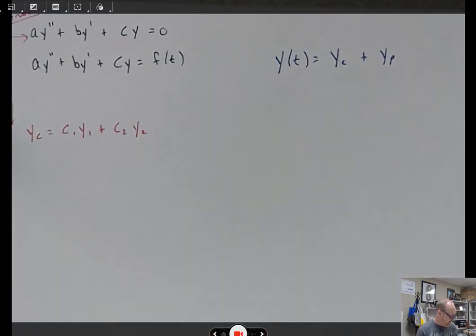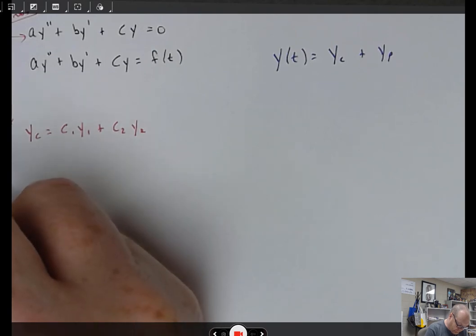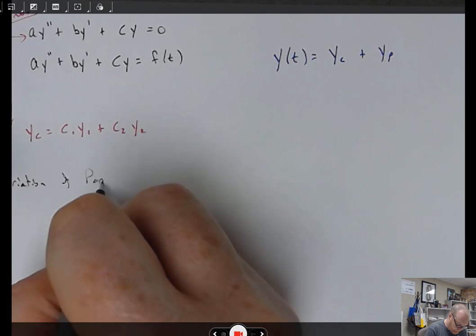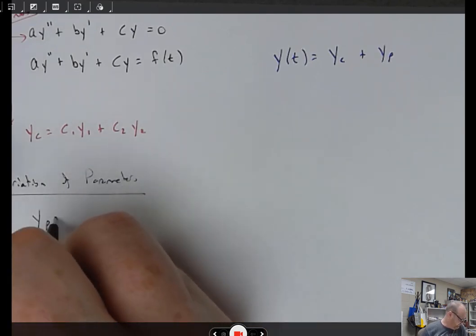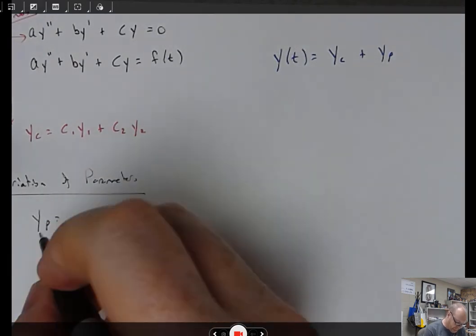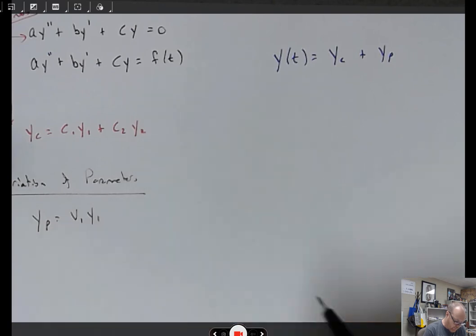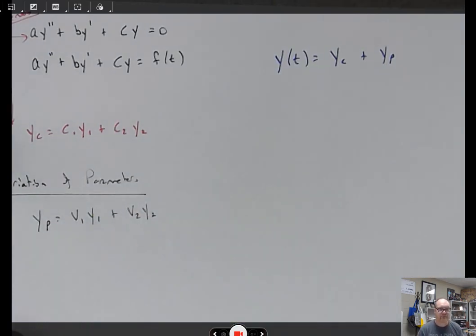So thinking about that, I want to think today about creating this particular solution. So variation of parameters. I want to think about creating this particular solution so that it fits this form: some function times y1 plus some other function times y2.